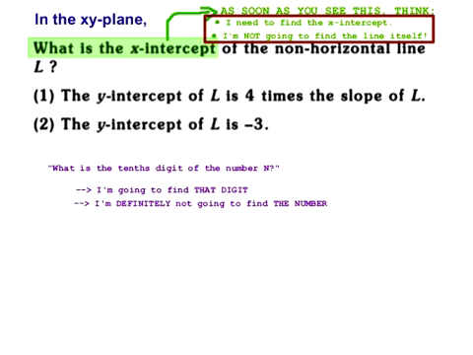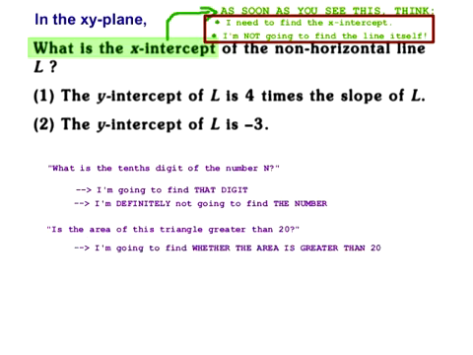If you see something like, is the area of this triangle greater than 20, you should think that you're going to find whether the area is greater than 20, but you should also think that you are definitely not going to find the area itself, etc.